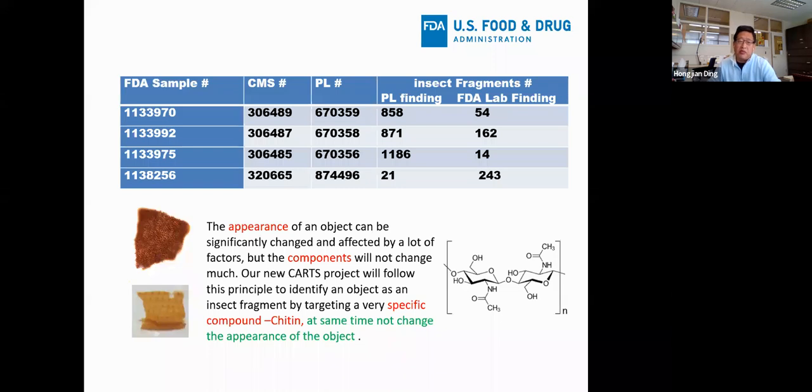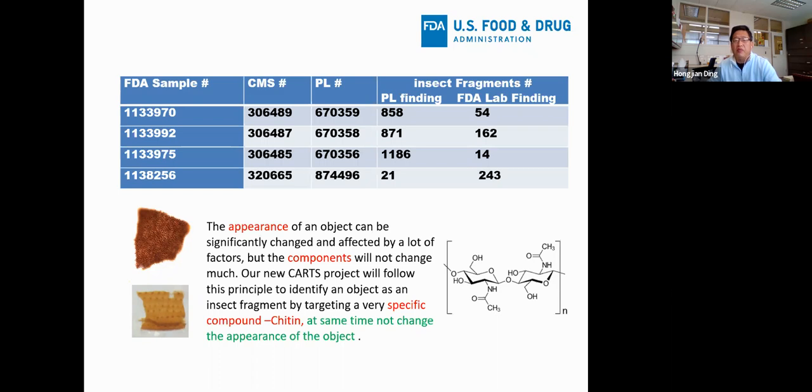Most probably, the appearance of an object can be significantly changed and affected by a lot of factors as it goes through the food process. But the components of the object might not change much. So our CART project will follow this principle to identify the object as an insect fragment by targeting a very specific compound, chitin.